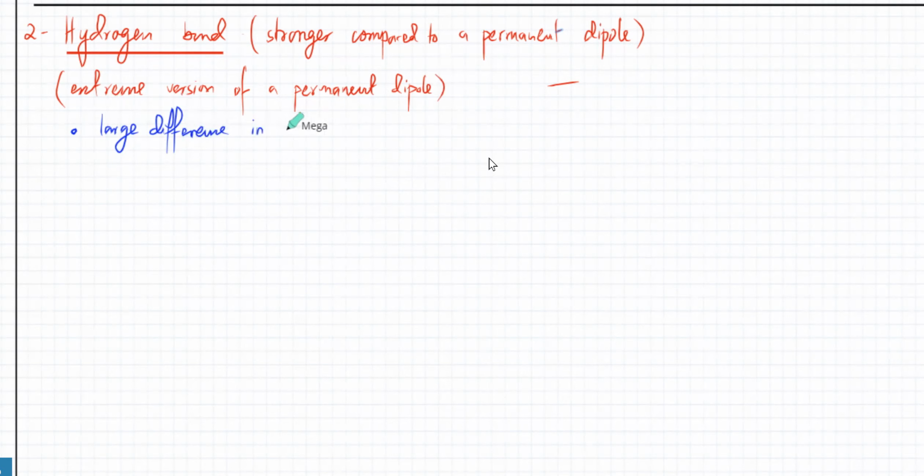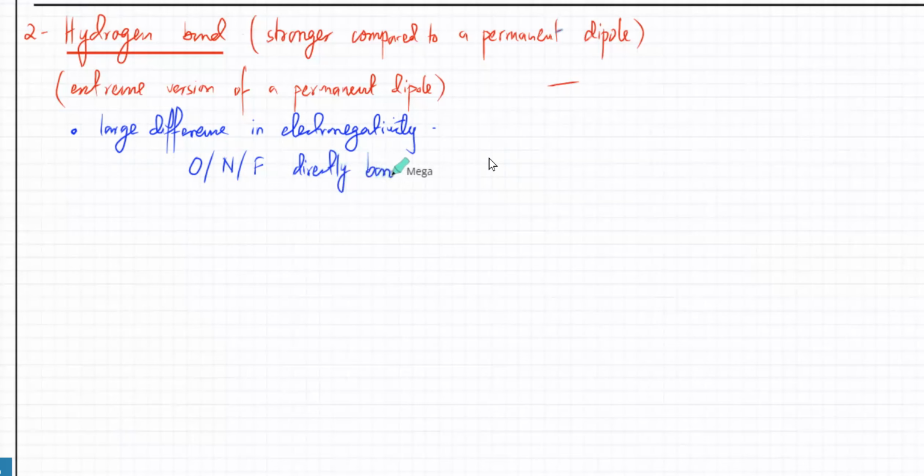And so it involves the most electronegative elements: oxygen, nitrogen, or fluorine, if they are directly bonded to H. That results in a very polar molecule. So that's the first condition for a hydrogen bond to form.